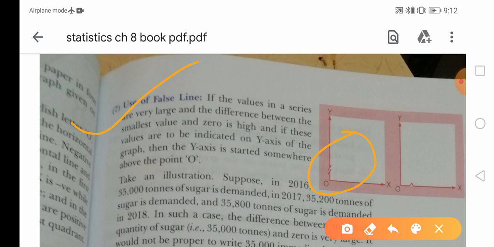If the values of a series are very large and the difference between the smallest value and 0 is the highest value, and these values are to be indicated on the y-axis of the graph, then the y-axis starts somewhere above the 0. You can see over here, above the point O.